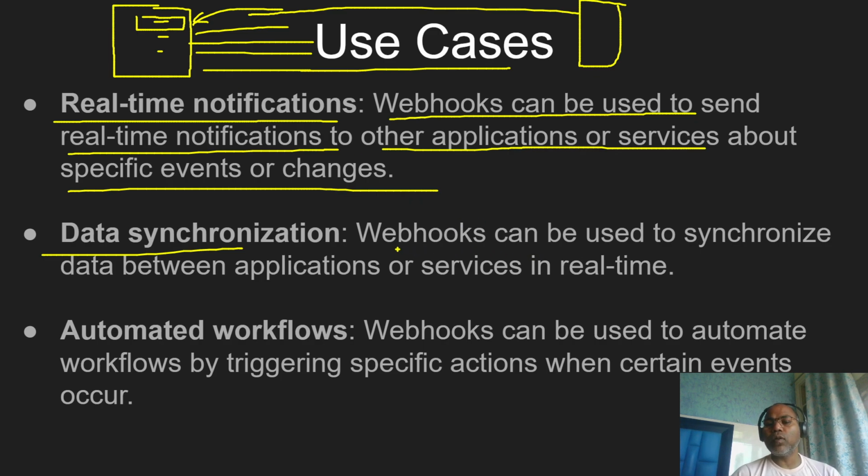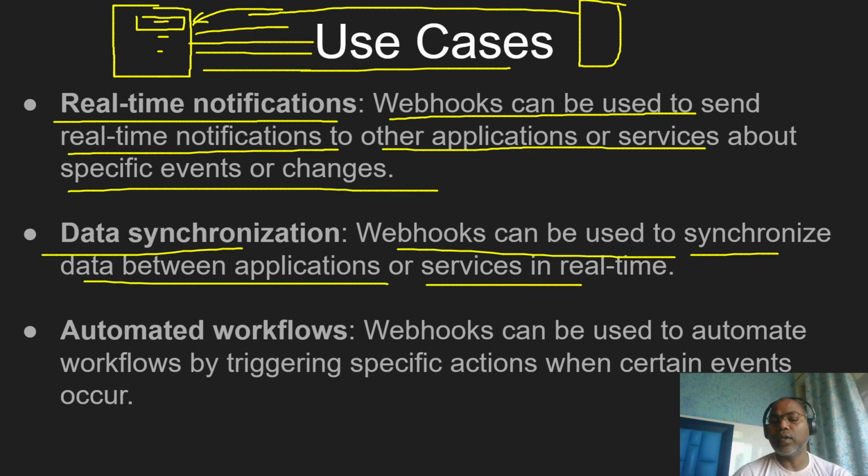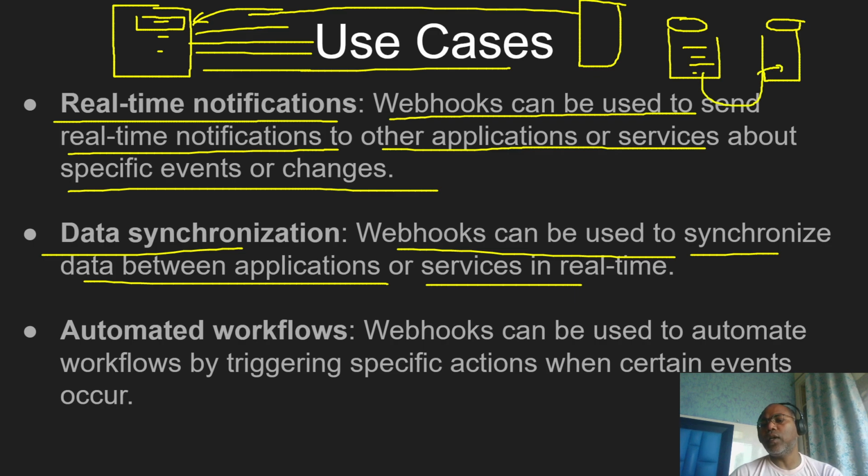The webhook also plays a role in synchronizing data between applications or services in real time. Let's say you have a master database and a slave database. If any changes happen here, you want these changes to be replicated quickly there. So for data sync between different databases or data centers, a webhook can also play a role in asynchronous communication.